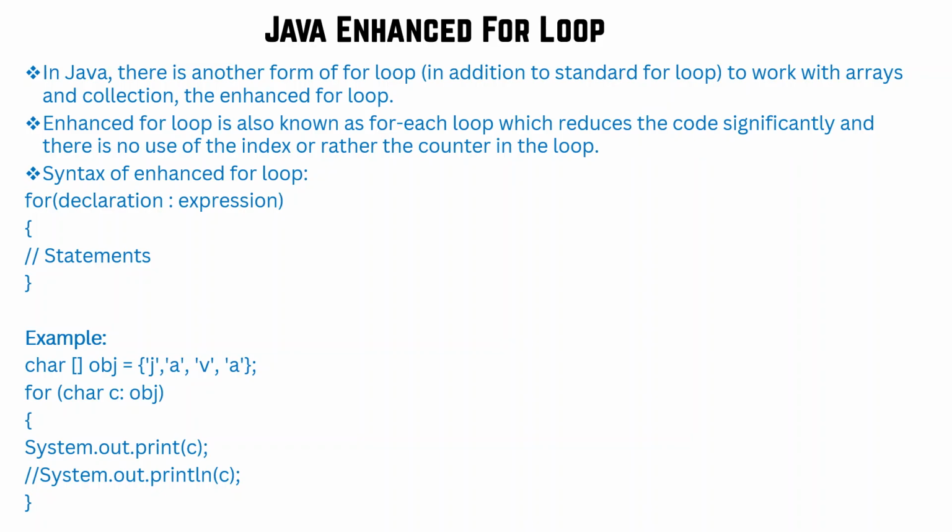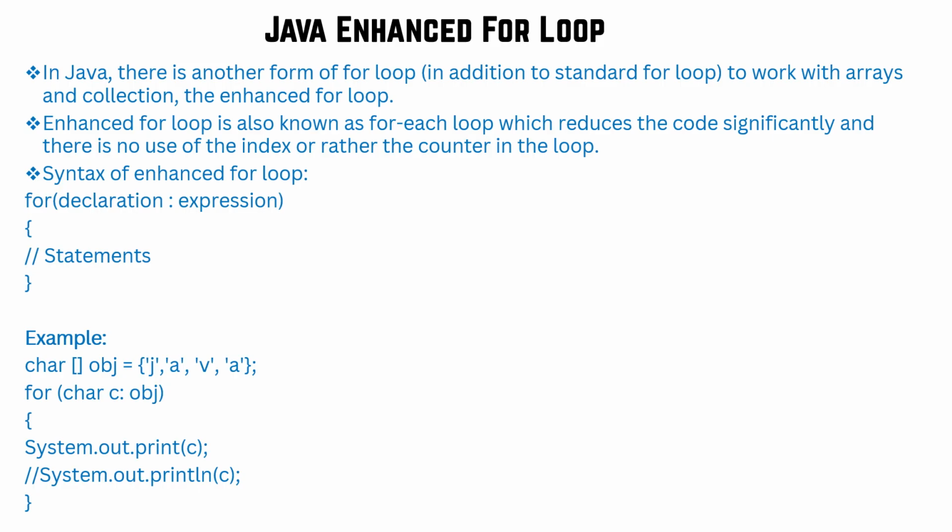But the Java enhanced for loop is also available whenever you are dealing with the Java collection framework or Java array. You can use that enhanced for loop, which is called advanced for loop as well, or for each loop. In Java there is another form of for loop in addition to the standard for loop to work with arrays and collections. It is called enhanced for loop or for each loop.